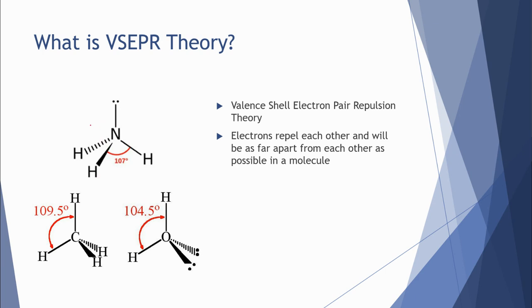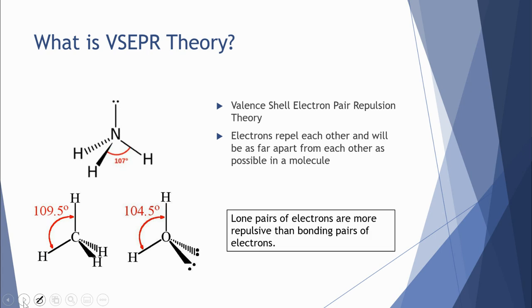Now notice, with ammonia, NH3, we have 3 hydrogens and 1 lone pair, and the bond angle has decreased slightly to 107. With water, H2O, we now have 2 lone pairs of electrons, and the bond angle has decreased slightly to 104.5. So the question is, what is more repulsive, a bond or a lone pair of electrons?